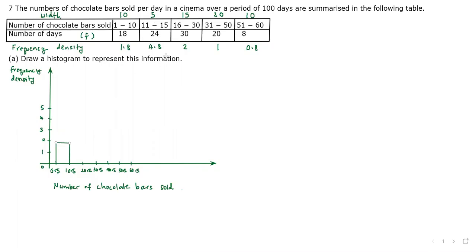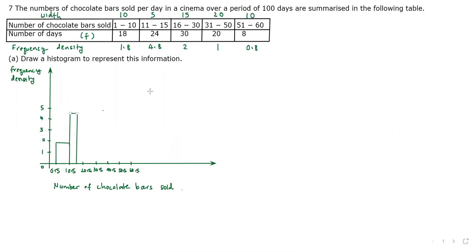The second class has density 4.8, so we go all the way up to 4.8 for the second class. From 10.5 to 15.5. 15.5 is here. So that will give you the second class.